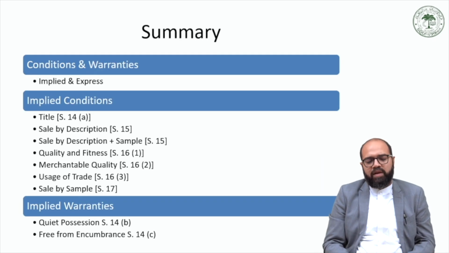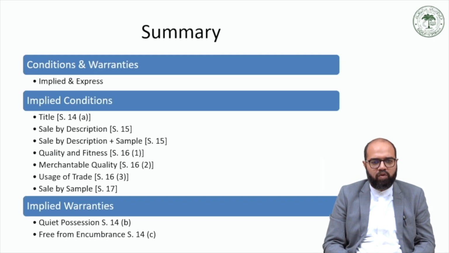So with this, we come towards the closure of our discussion on fundamental terms, that is conditions and warranties. During the course of the lectures, we have discussed what is an implied condition and warranty, what is an express condition and warranty. Then in great detail, we have discussed each of the implied conditions as to title, description, description by sample, quality and fitness, mercantile quality, usage of trade, and sale by sample.